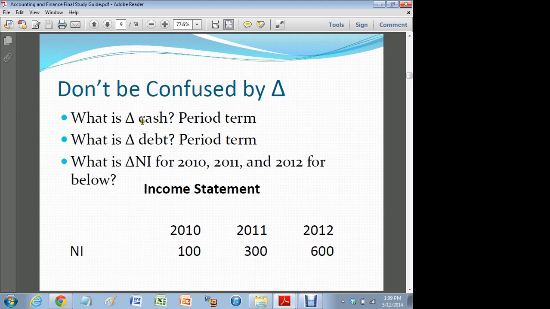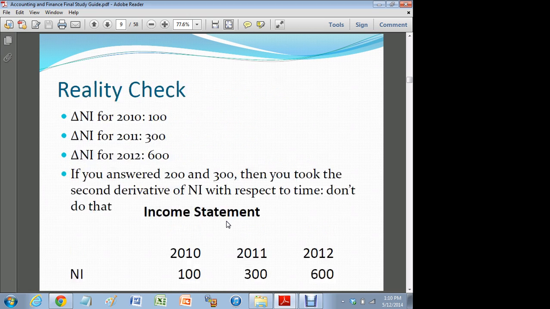If you're ever asked what's the change in cash, that's pretty evident. That's the change in cash during each of these years. Same with debt. And when you get to net income, if you take the two balance sheets from the start to the end, the difference is what you would find on the income statement. So the change in net income for 2010 is the number you see on the income statement, because the income statement is the cumulative change during a period.